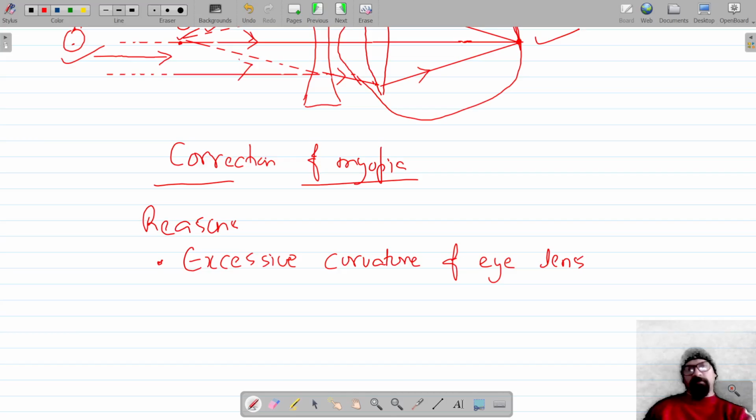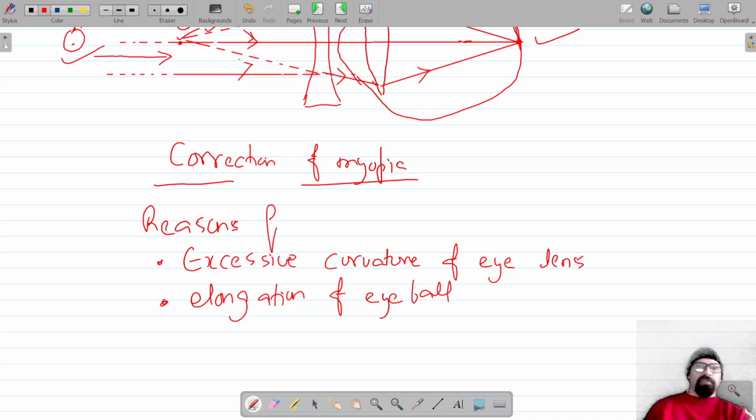This could be one of the reasons. The other reason could be elongation of the eyeball. The eyeball has elongated and the image is now forming in front of the retina. These are the reasons for myopia, and it can be corrected using a concave lens of appropriate focal length.